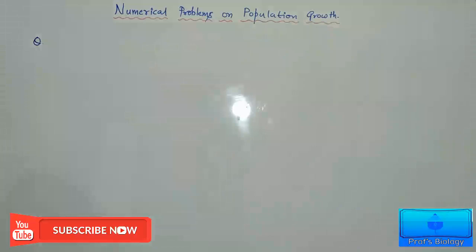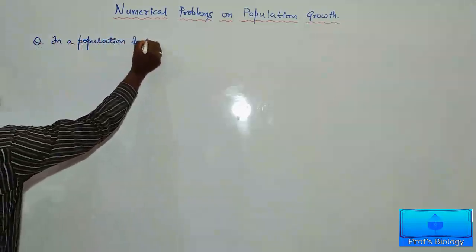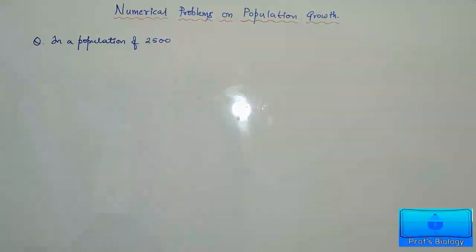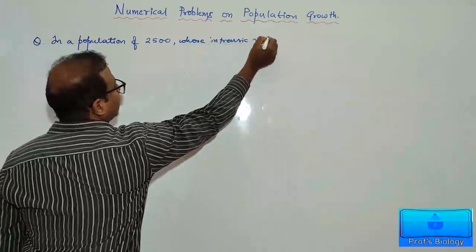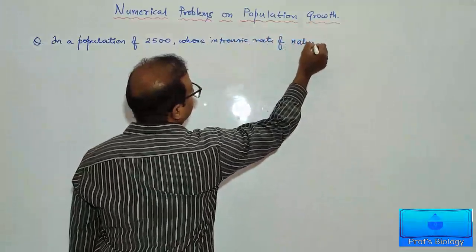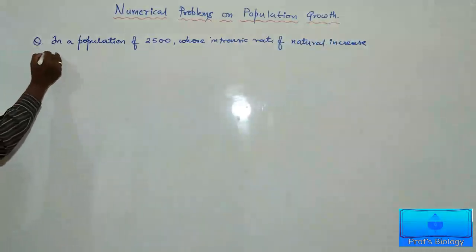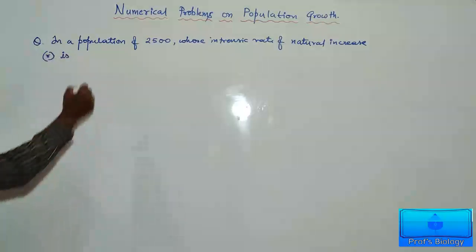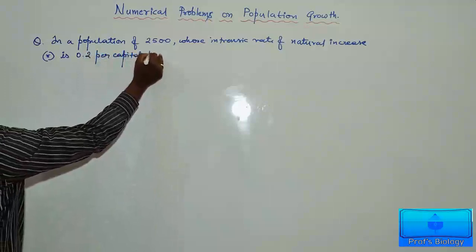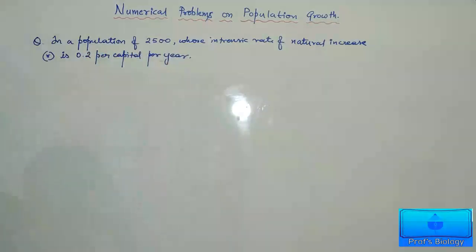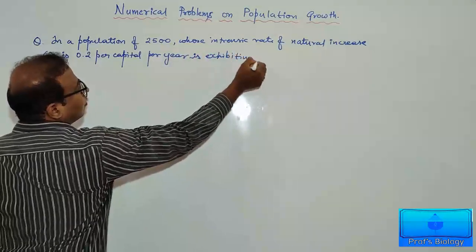Let us take another problem. The problem reads like this. In a population of 2,500, whose intrinsic rate of natural increase, which is r, is 0.2 per capita per year, is exhibiting exponential growth.